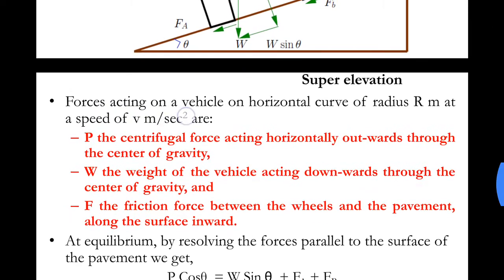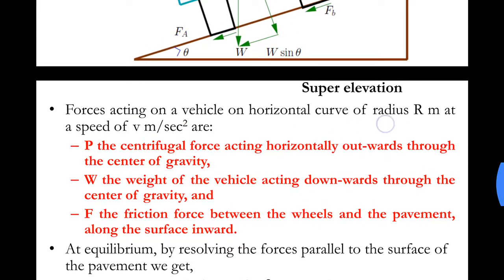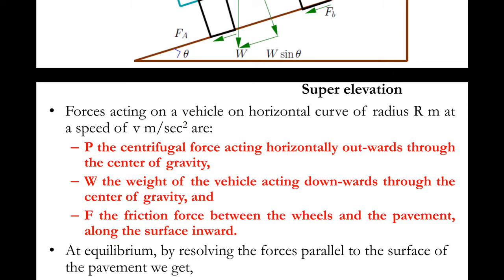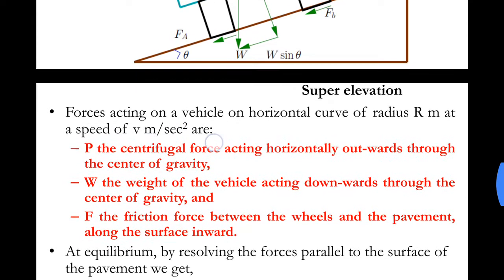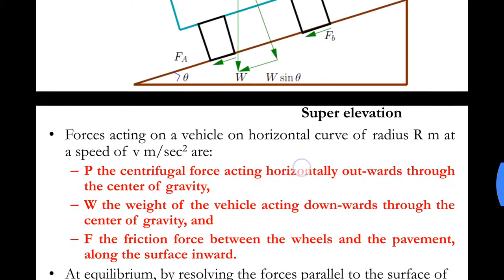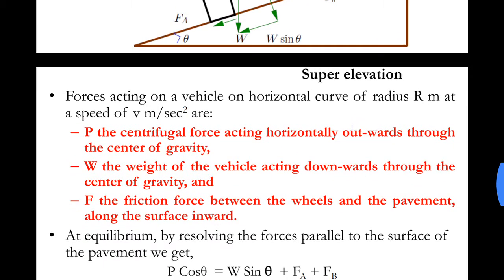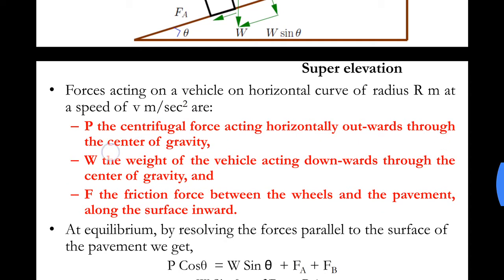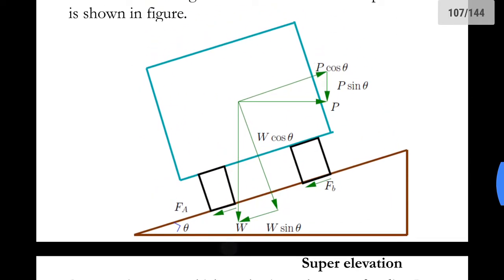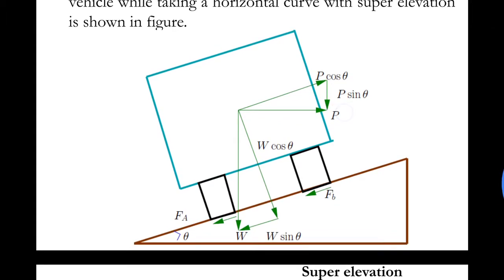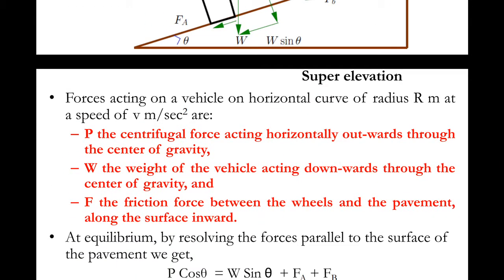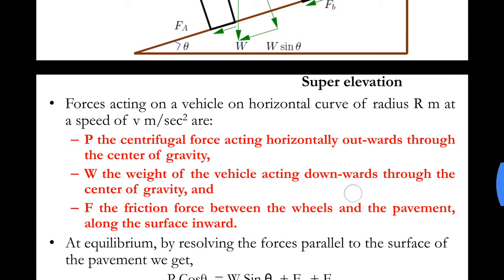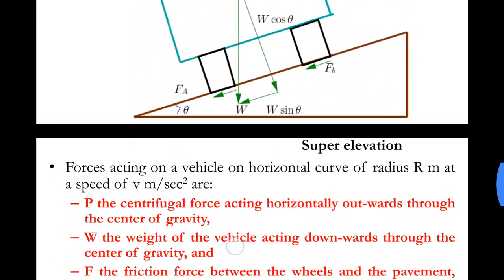Now consider the forces acting on a vehicle on a horizontal curve of radius r at a speed of v meters per second. What are the forces that act on this vehicle? First is capital P, the centrifugal force acting horizontally outwards through the center of gravity. Then W, the weight of the vehicle acting downwards through the center of gravity.